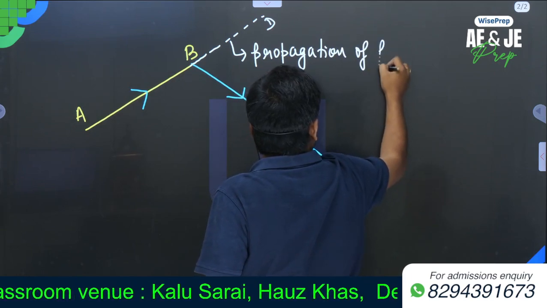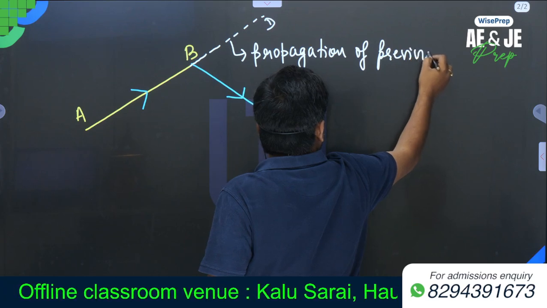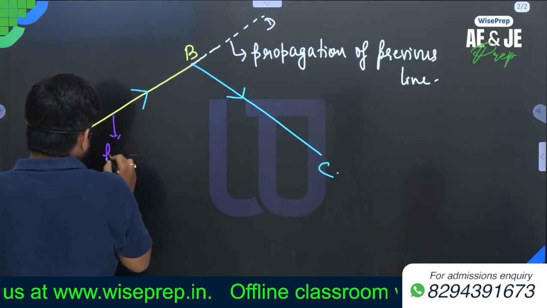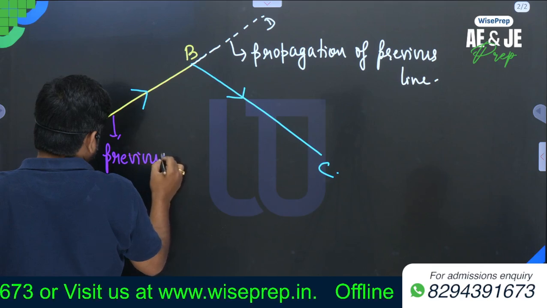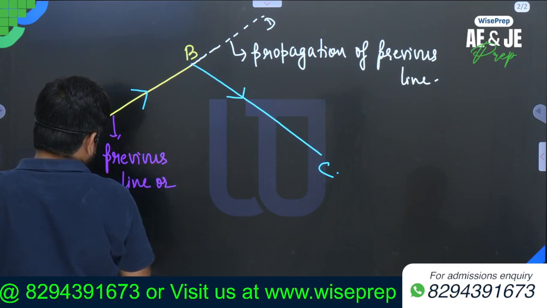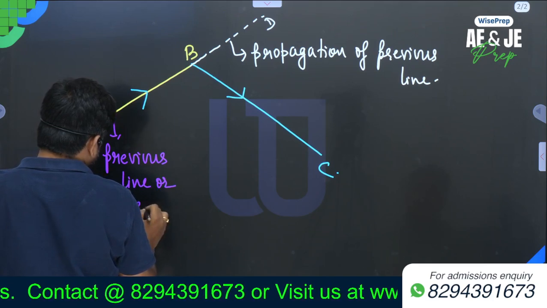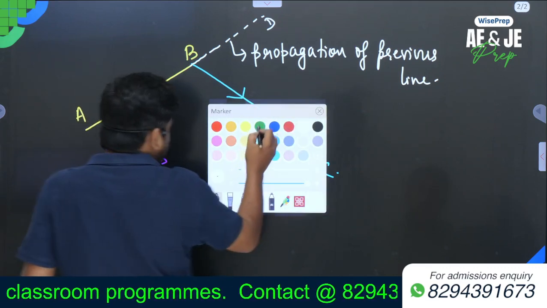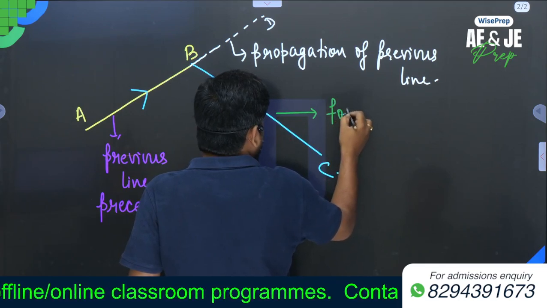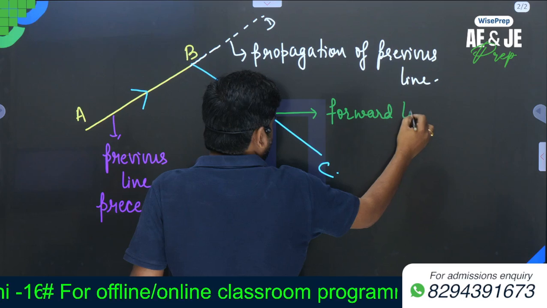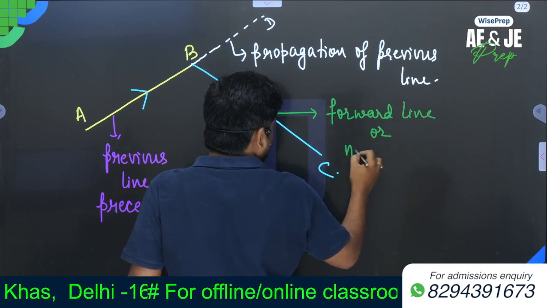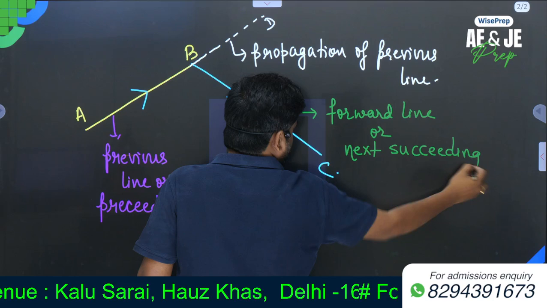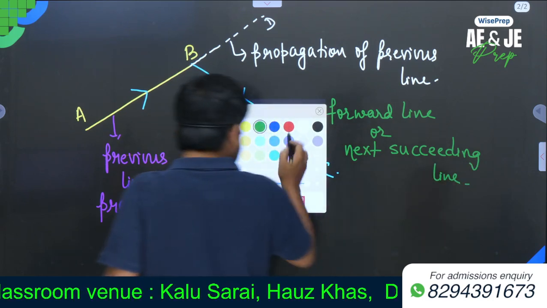This is the propagation of the previous line, or preceding line. This is the forward line, or next, succeeding line. All right. Clear?